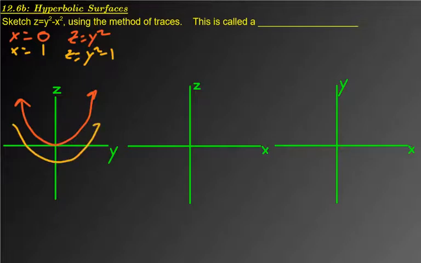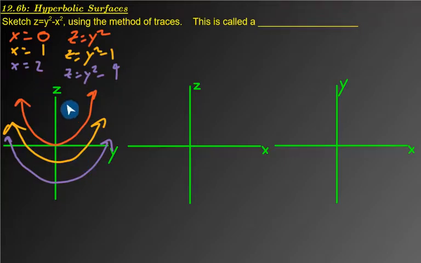If you do 2 or something else, you can get the idea. You would get Y squared minus 4, so something down there. Basically you would just get parabolas, and they can't be up here because when you subtract that term it's always going to be a positive term, so it's always shoved down. But you're basically going to get parabolas going down the z-axis like that.